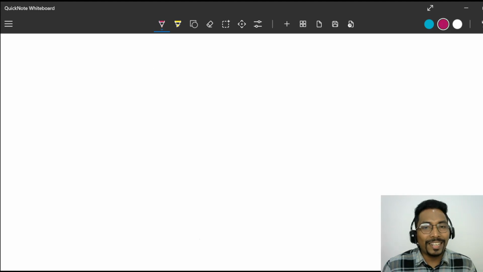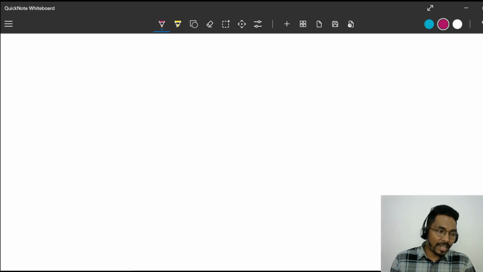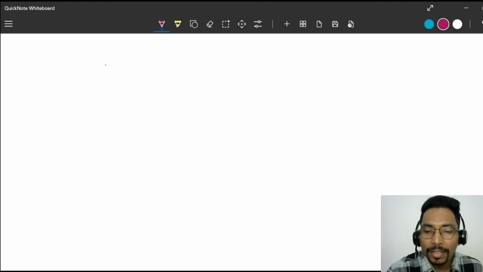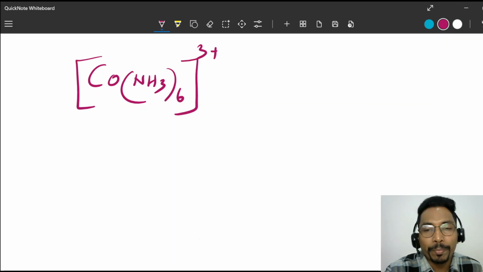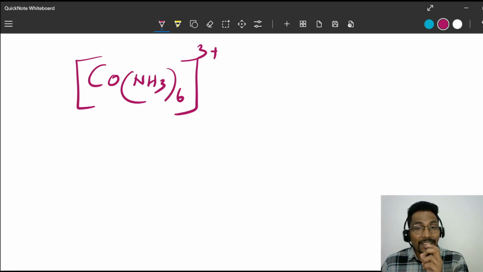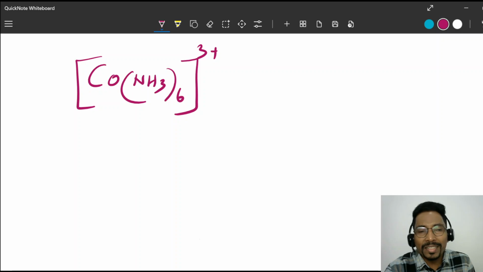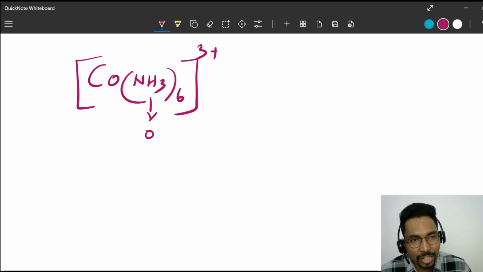I'm just taking an example: [Co(NH3)6]3+. This is the complex. Can you please name this complex, because we studied nomenclature in the last class? It's very simple. The ligand is ammonia, which has neutral charge, 0 charge.